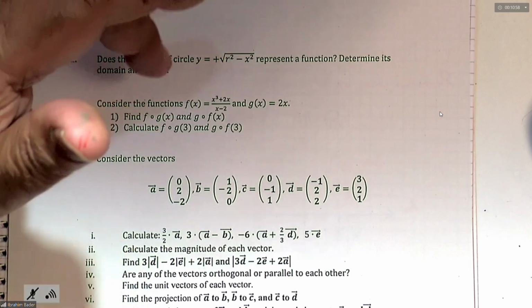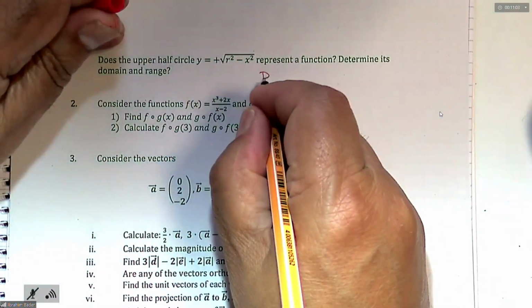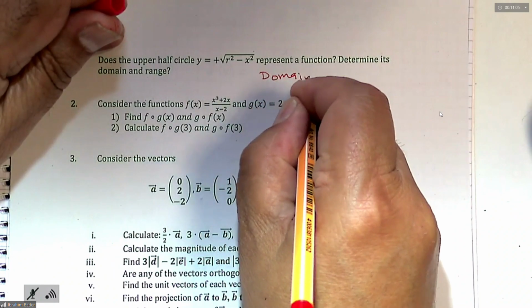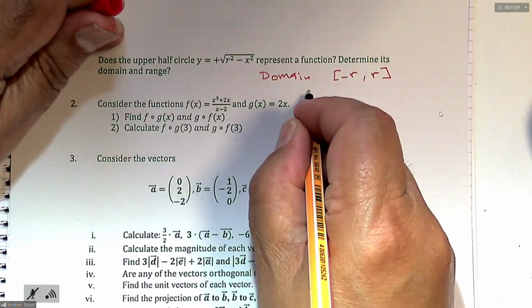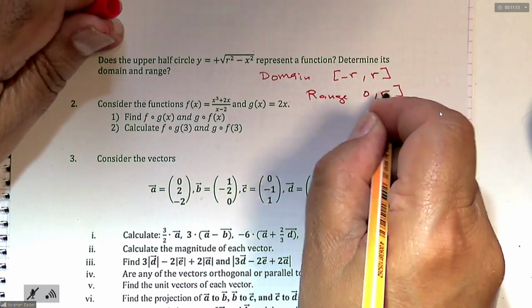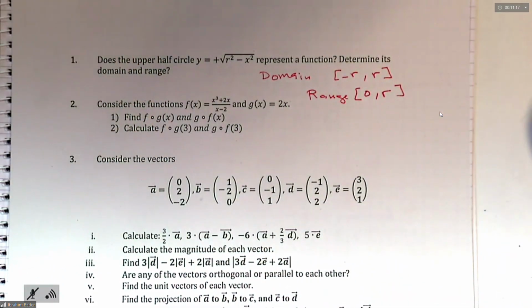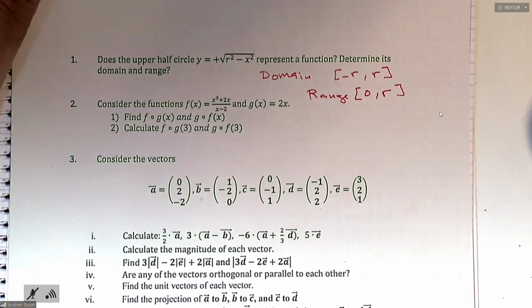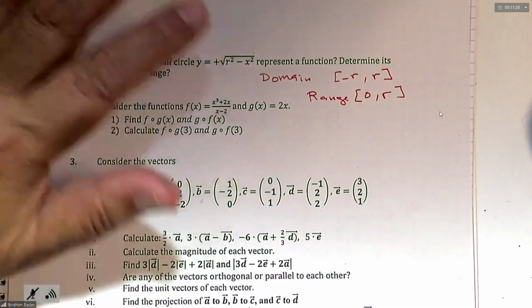But in general, as the question is here, you will say that the domain here is negative R to R, and the range is 0 to R. So here, in this specific example that we solved, we just considered R equals 4. It's just the general case will look like this here.